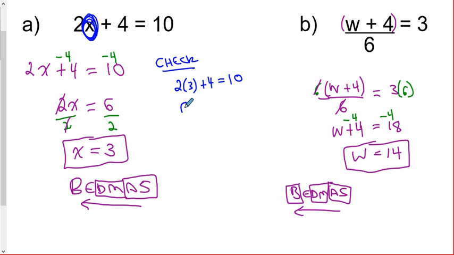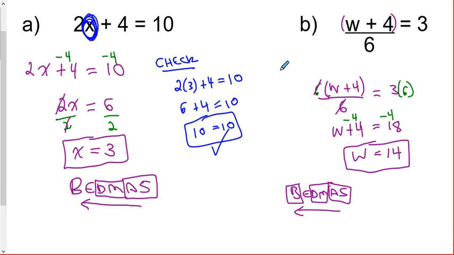So 2 times 3 is 6, and 6 plus 4 is 10. So I end up with 10 equals 10. Okay, so that is true. So it checks out. 10 does equal 10, obviously. So I got that one correct.